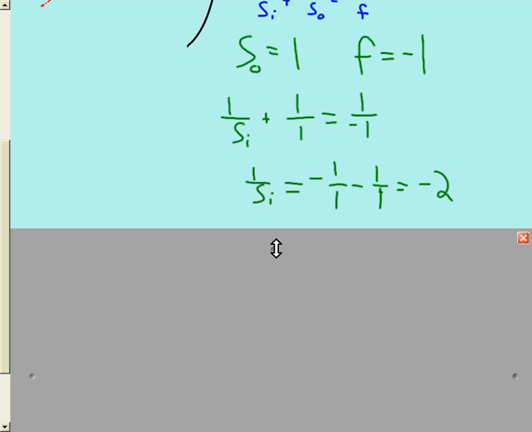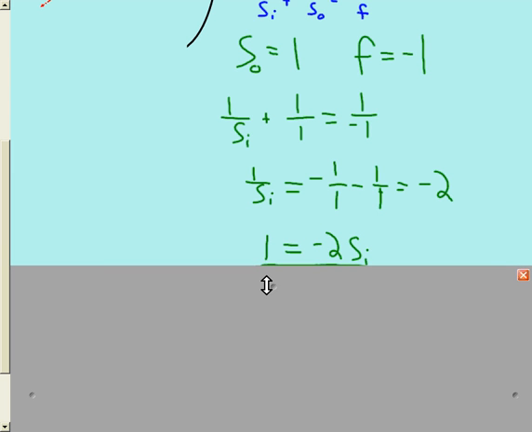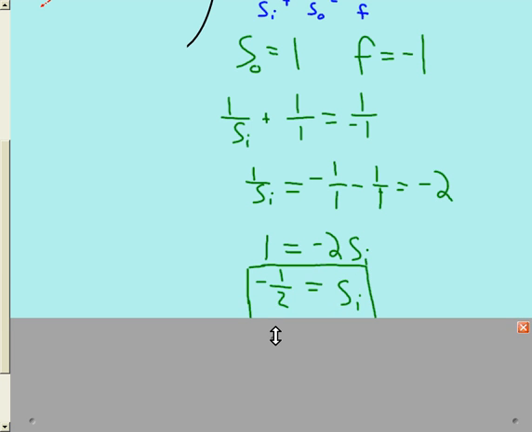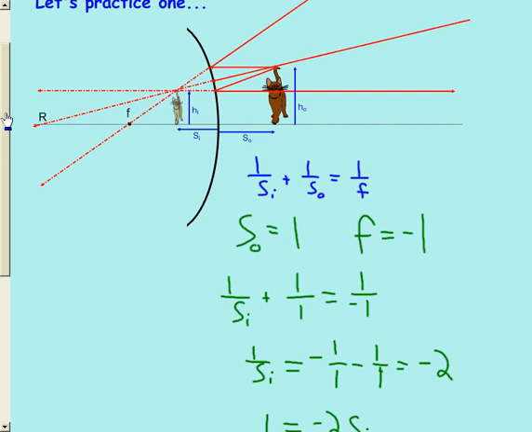Okay, so you got to kind of be good with fractions with this stuff here. Let's move SI over to the other side. So multiply both sides by SI, and we get 1 equals -2 SI. Bring the 2 back over to the left side of the equation, and we get SI equals -1/2. And if we look up at our picture, lo and behold, look at that, SI equals -1/2. About. It's about halfway.